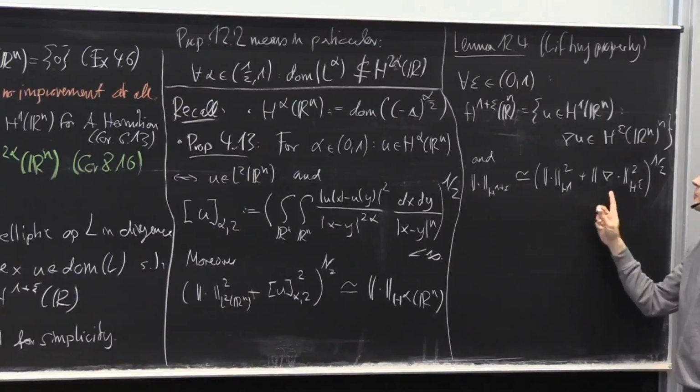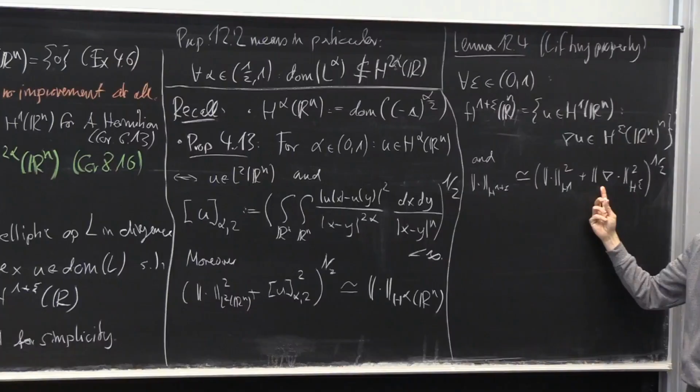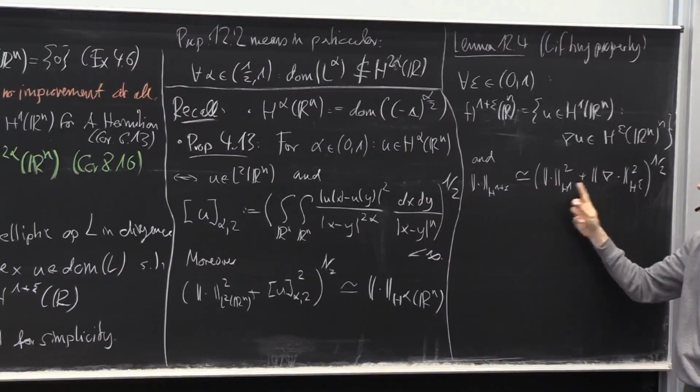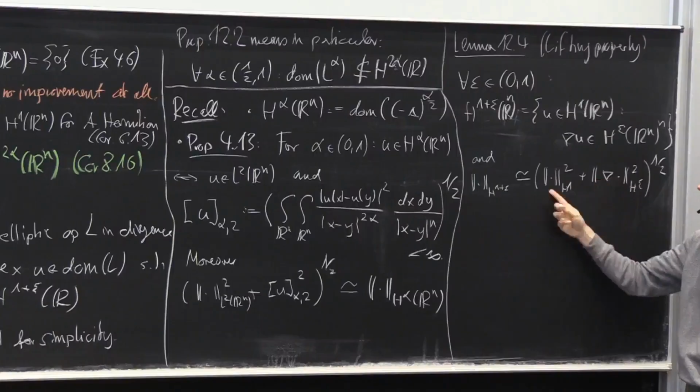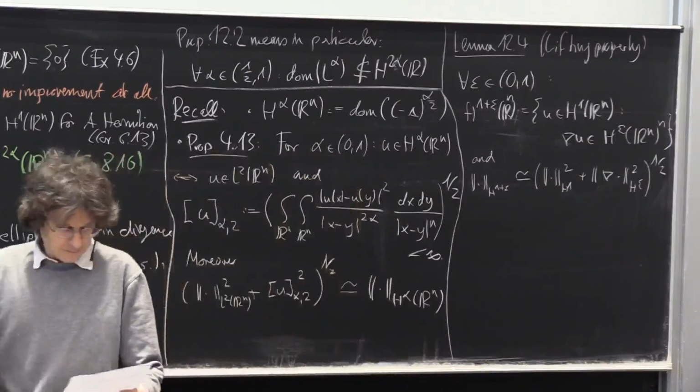And in fact it's this that we will prove. Once you've proved this norm equivalence, if your function is in H1 plus epsilon, then these two are finite, and the other way around, if these two are finite, then this is finite.